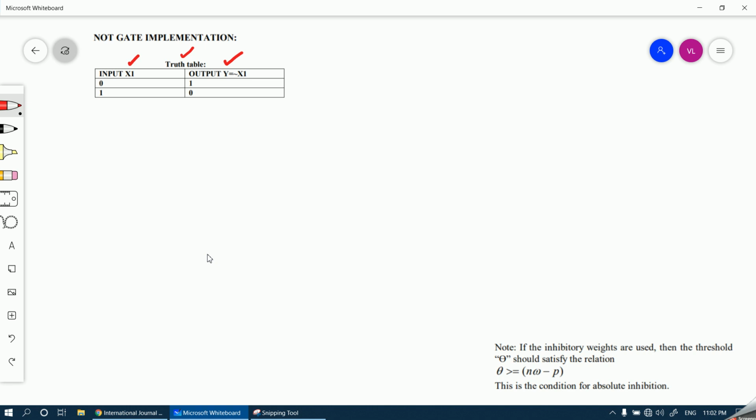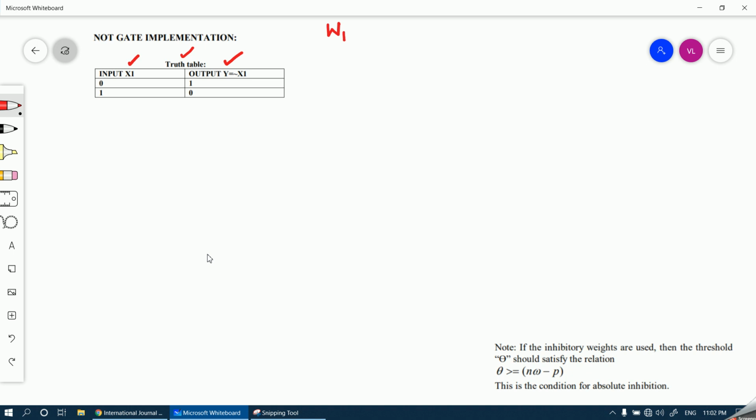Now we will be considering the weight. Since there is only one input x1 and we have the output y, which is the negation of x1, we consider only one weight, that is w1.